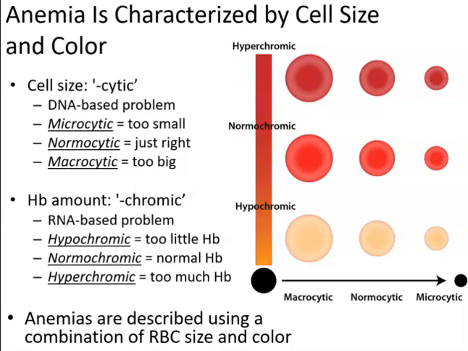So if there's too little hemoglobin, a cell would be considered hypochromic, meaning it is below normal cell color. Normal amounts of hemoglobin produce a normochromic cell, and too much hemoglobin will produce a darker cell, so we consider the cell to be hyperchromic. Again, anemias are described using a combination of red blood cell size as well as color.